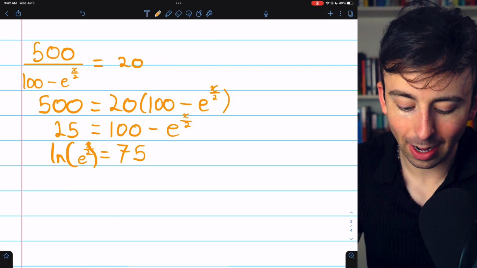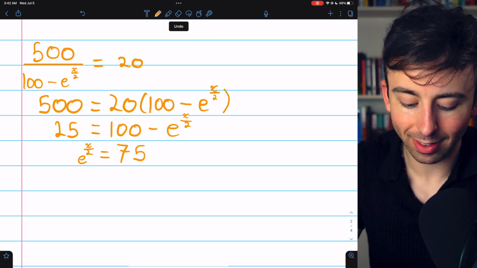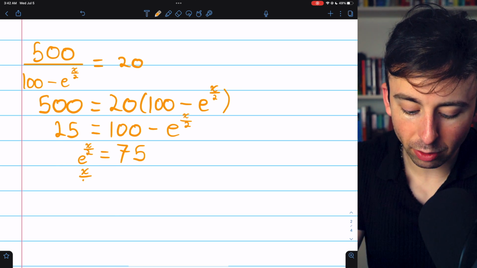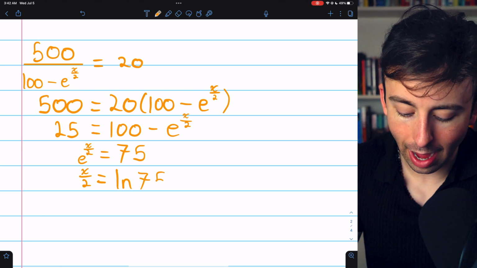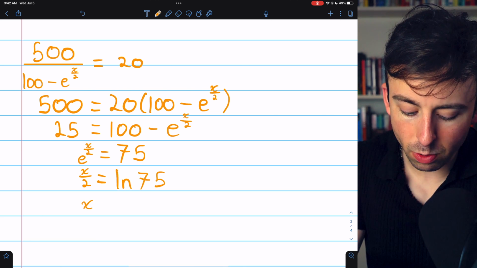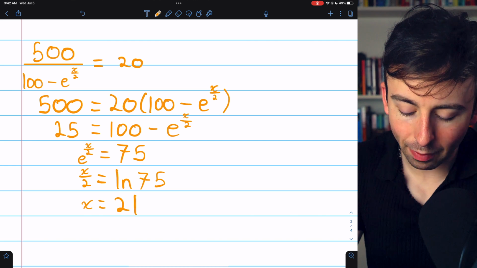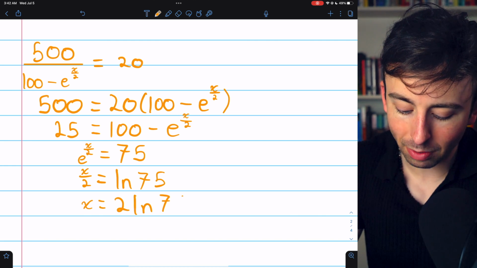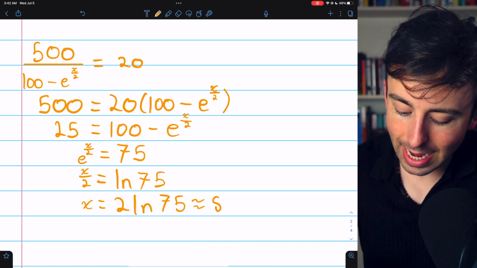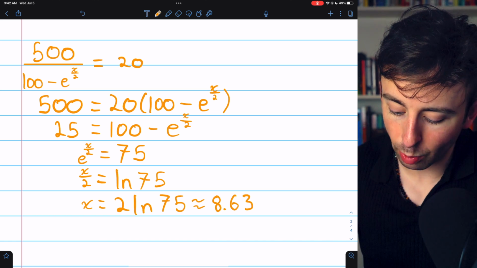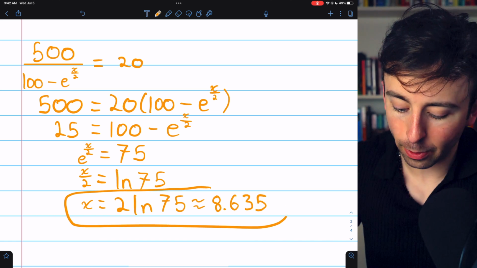That's going to cancel out the exponential with that base of e, and that's going to leave us with x over 2 equals the natural log of 75. Multiply both sides by 2 to finish solving for x, and we have that x equals 2 times the natural log of 75. And this is approximately 8.635, and that's our solution.